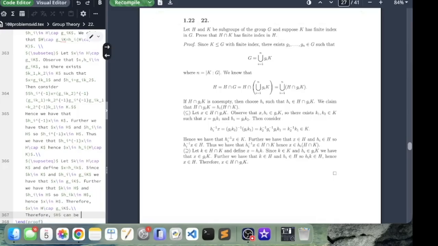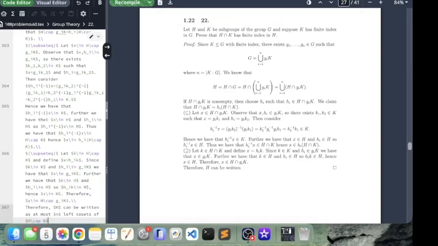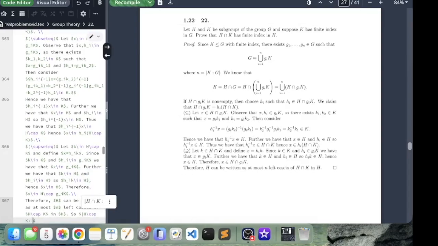Therefore, H can be written as at most n left cosets of H intersect K in H. So the index of H intersect K in H is less than or equal to n.